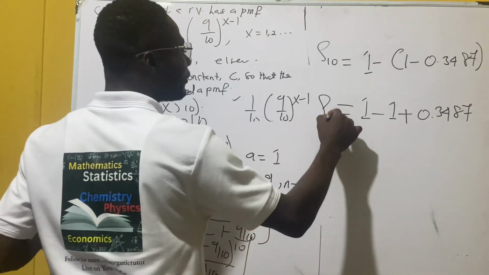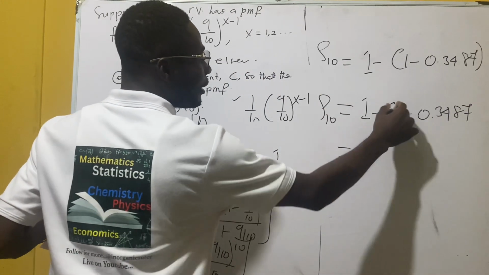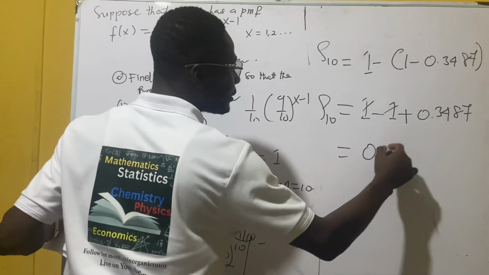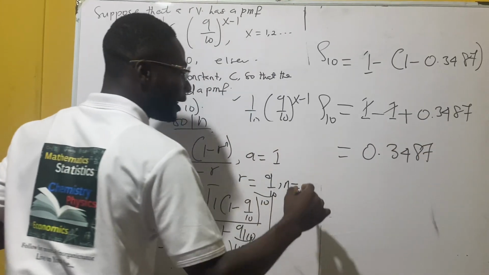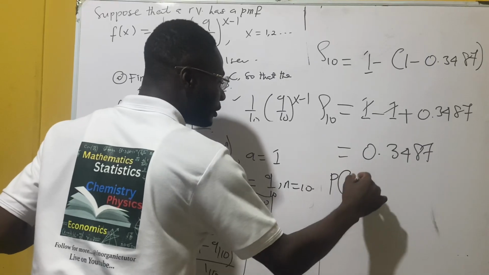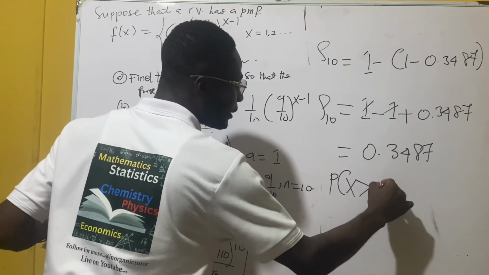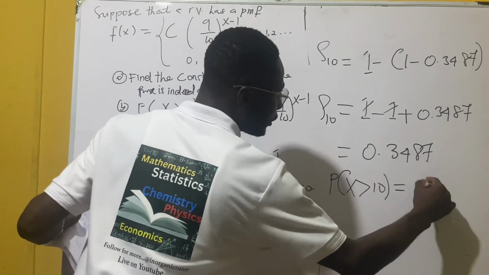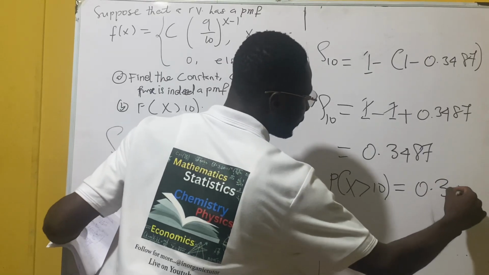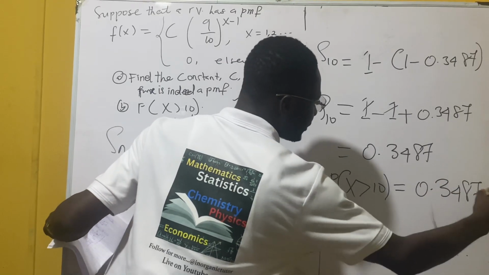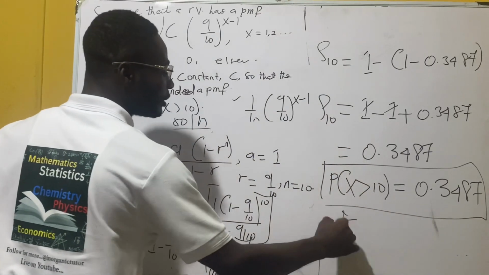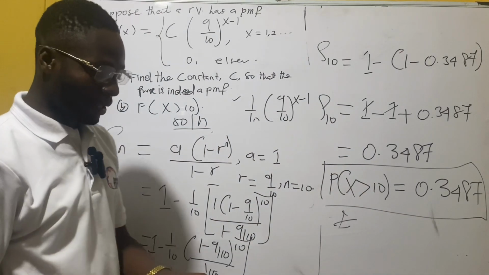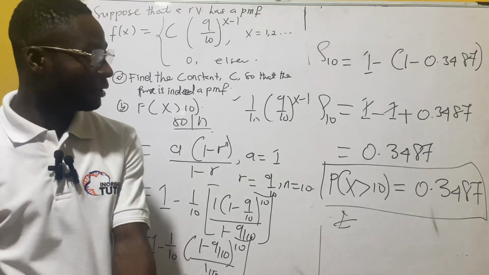So we have our answer to be 0.3487. We can say that the probability of x greater than 10 is equal to 0.3487. So that is the solution to the second part of the problem.